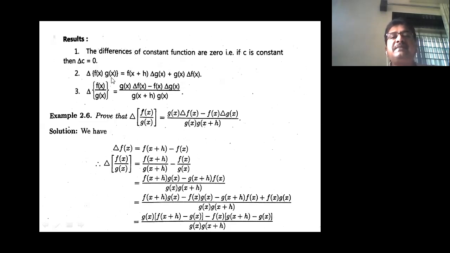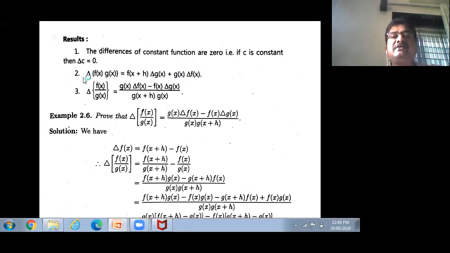What is delta of fx into gx? It is f of x plus h into delta gx plus gx delta fx. This rule is similar to the u into v rule of the derivative. What is the derivative of fx into gx? It is fx derivative of gx plus gx derivative of fx.